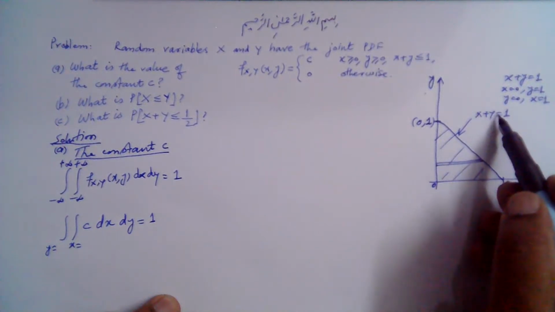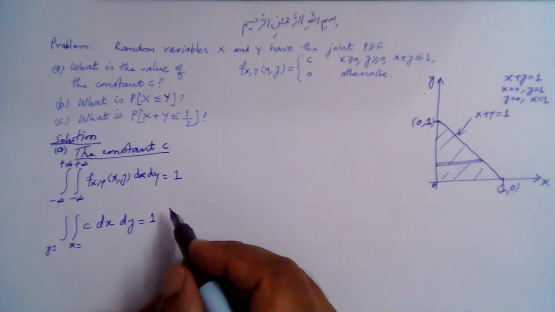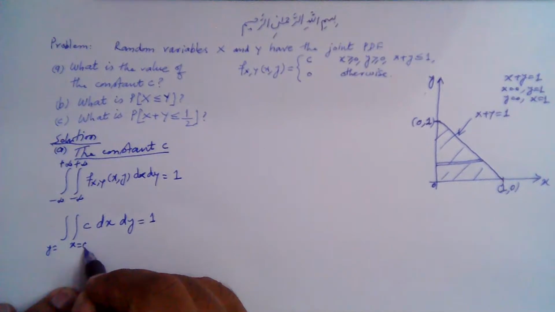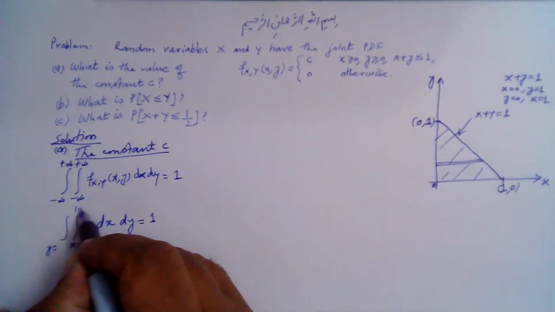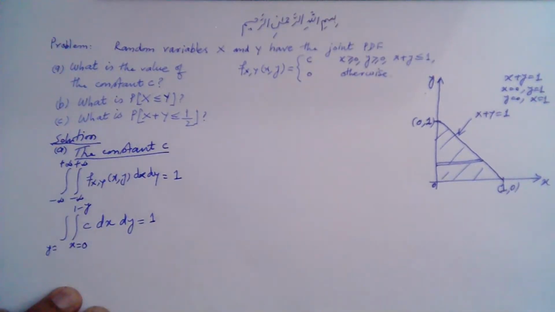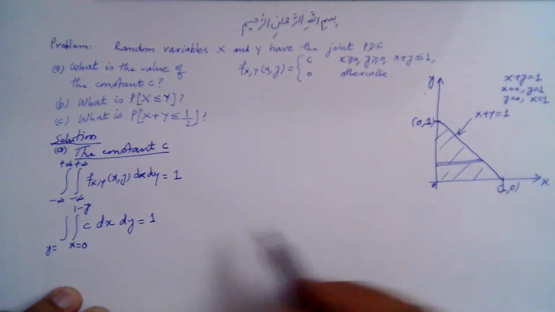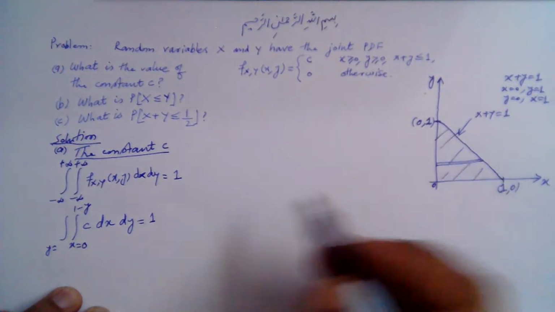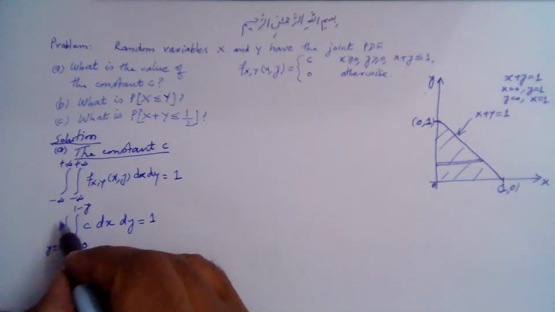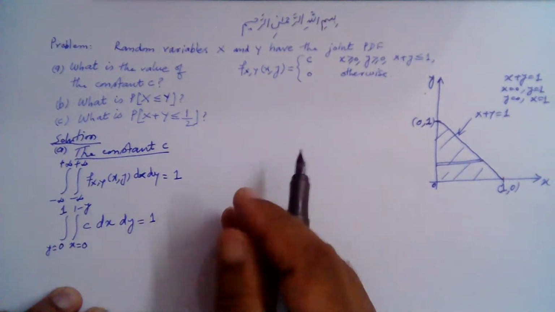So x is 1 minus y here, right? So for x, the lower limit is 0, and the upper limit is 1 minus y. And y moves from 0 to 1. The lower limit is 0, upper limit is 1 here.